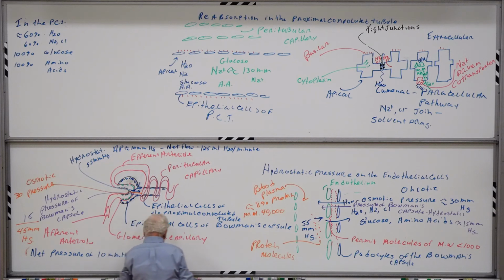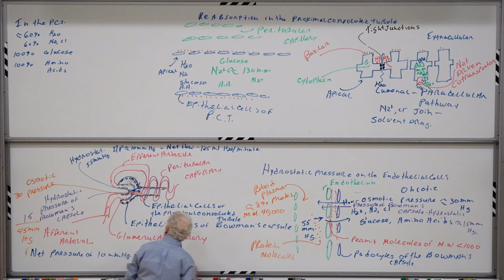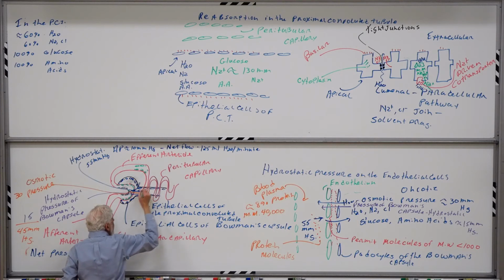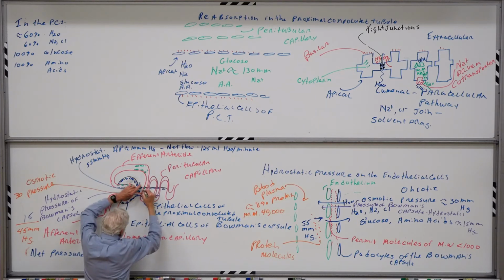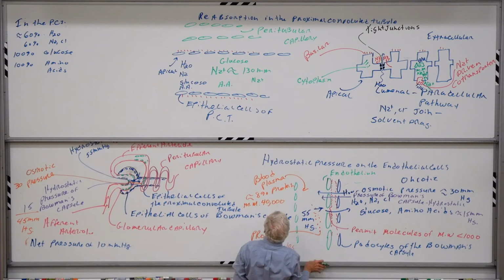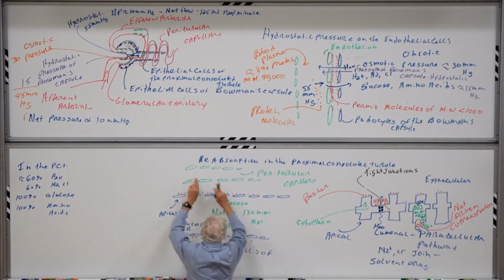The peritubular capillary is lined with an endothelium. It's like all blood vascular compartments. So there's an endothelium here, and what I'm drawing in here with these small green ovals, that is meant to be the same thing as these green ovals.